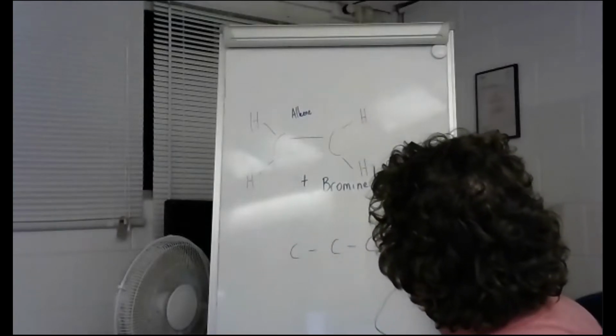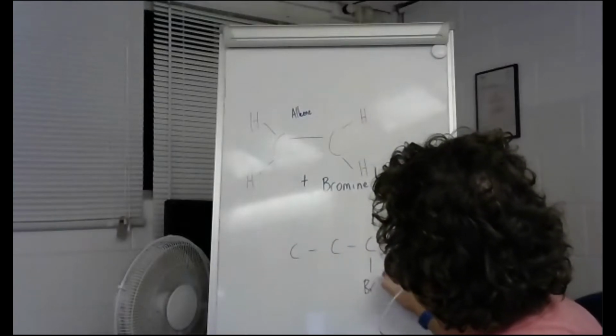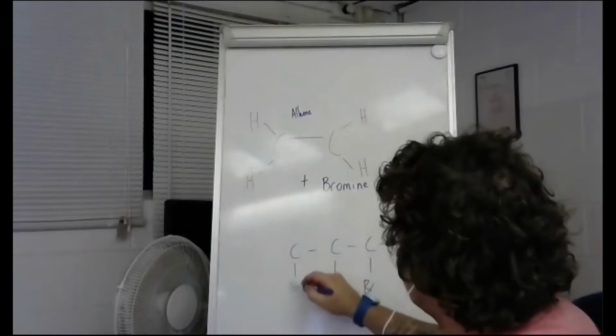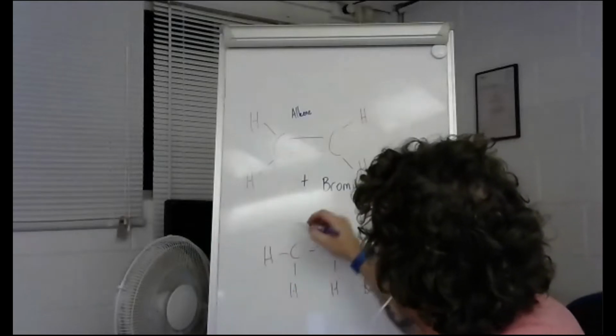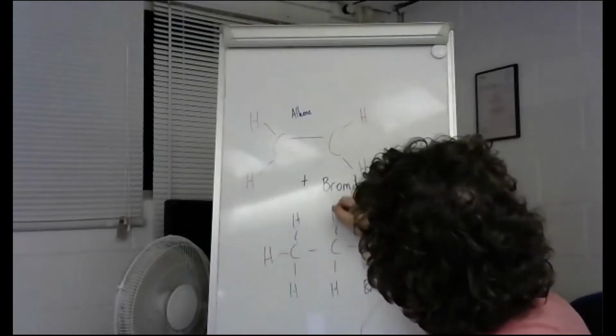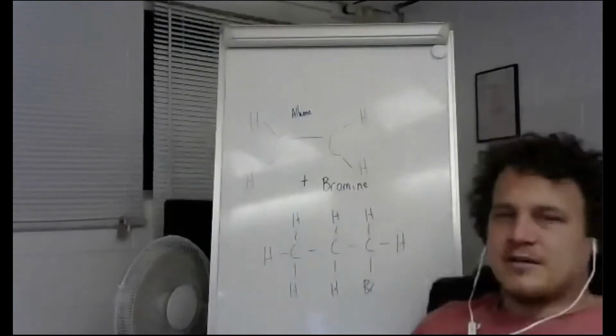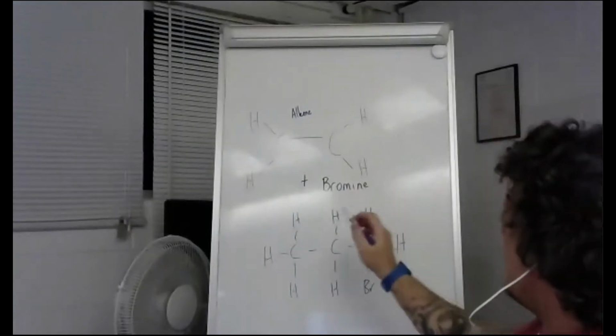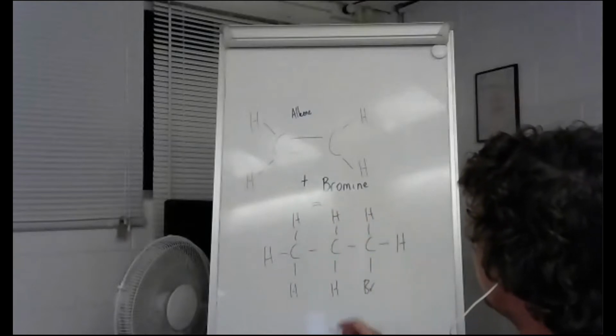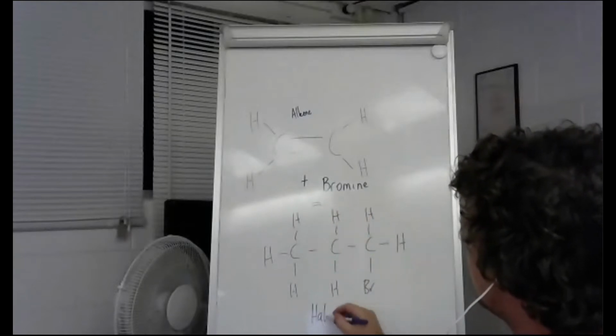Now this will make more sense after this session. I never would understand why they teach it this way, but you know, YOLO. So we end up with an alkene plus bromine equals a haloalkane.